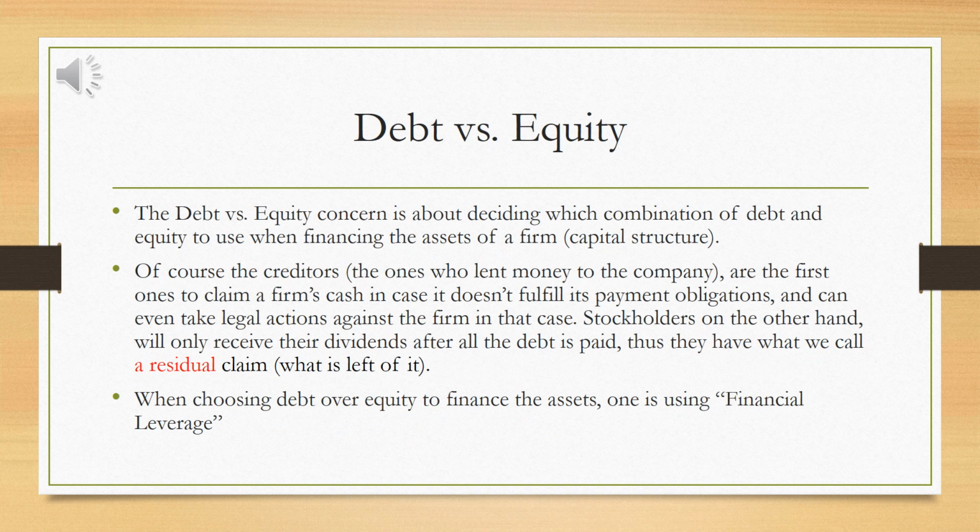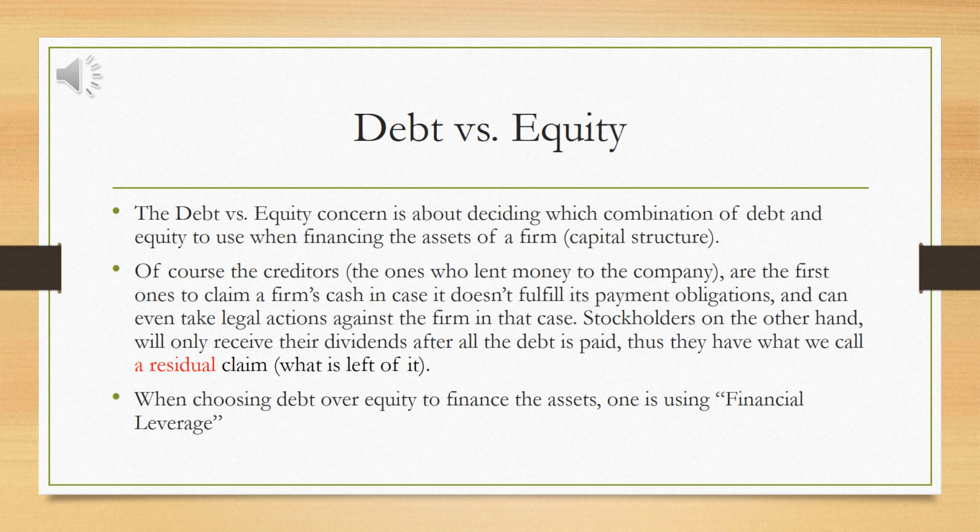The debt versus equity concern is about deciding which combination of debt and equity to use when financing the assets of a firm, its capital structure. Of course, the creditors, which are the ones who lent money to the company, are the first ones to claim a firm's cash in case it does not fulfill its payment obligations, and can even take legal action against the firm in this case.